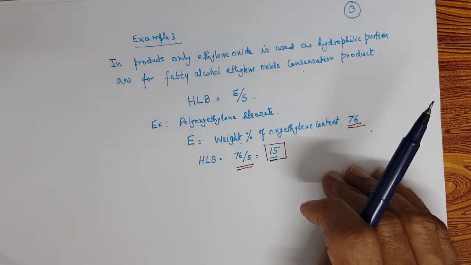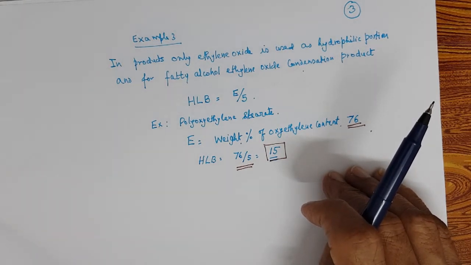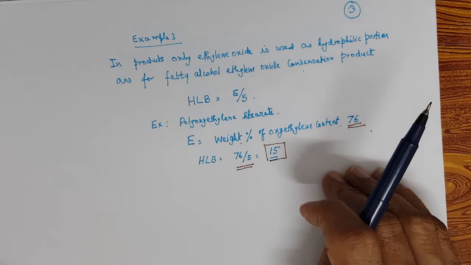Now it is important how we are going to calculate the HLB required for our emulsion, and how the emulsifiers can be used appropriately to give that HLB for our product.